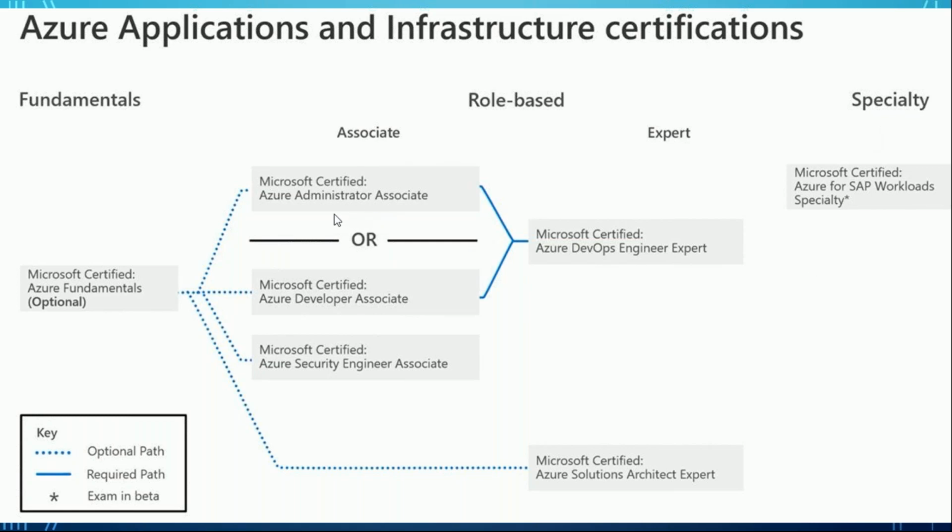It is important to understand that we have different associate certifications available. There is the Microsoft Certified Azure Administrator Associate. The second one would be the Microsoft Certified Azure Developer Associate, and we have the Azure Security Engineer Associate. And we have another one, the Microsoft Azure DevOps Engineer certification, also available.